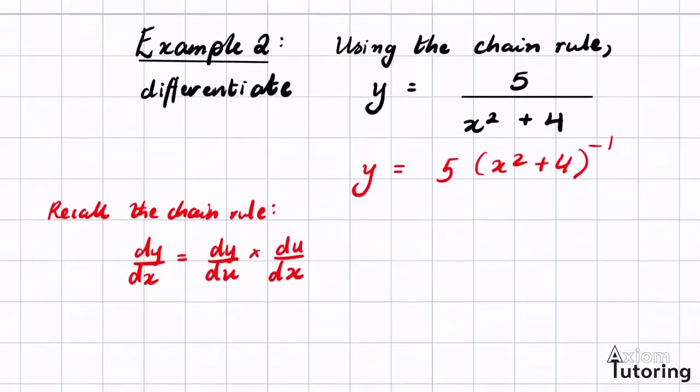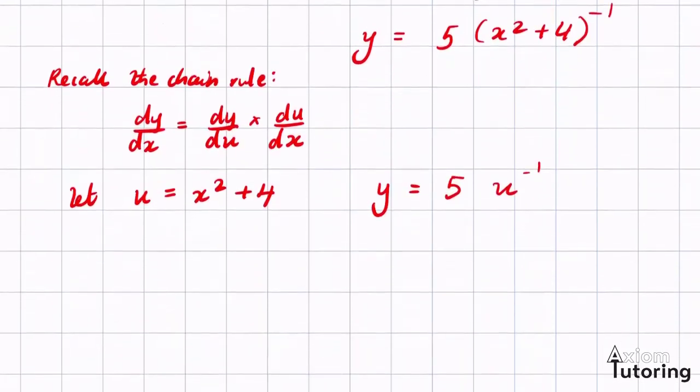So let's assign u as x squared plus 4. That means we can substitute in u for x squared plus 4, and we can rewrite our function y as equal to 5 times u to the minus 1.